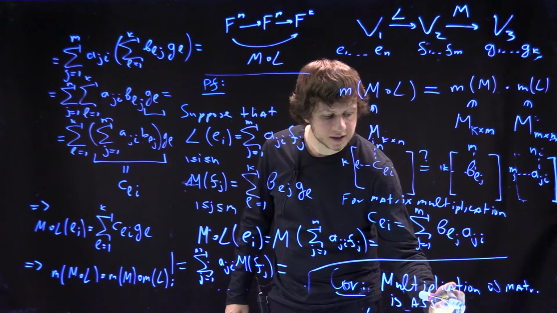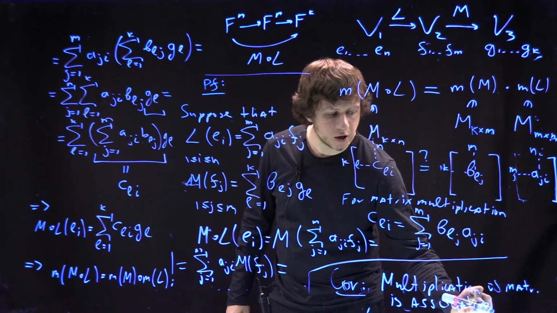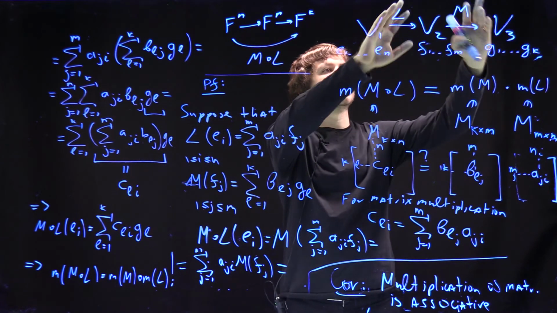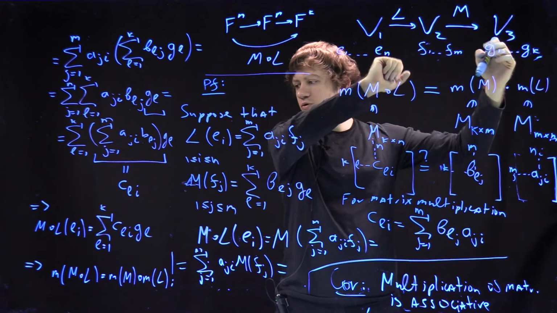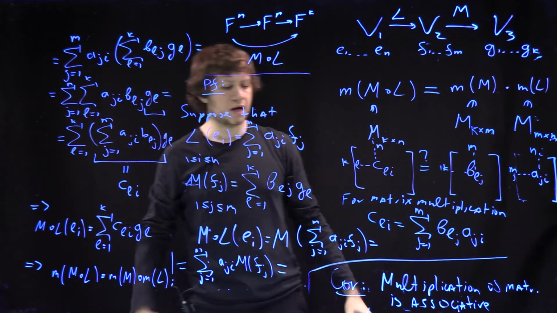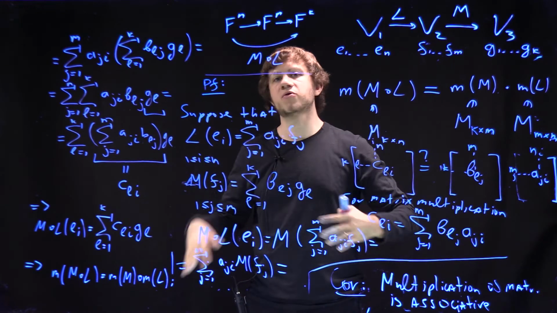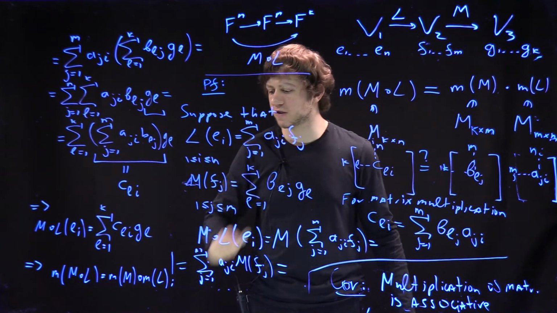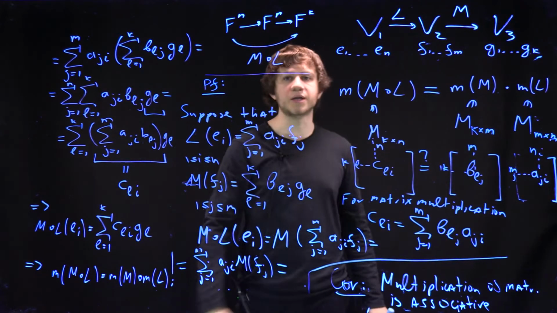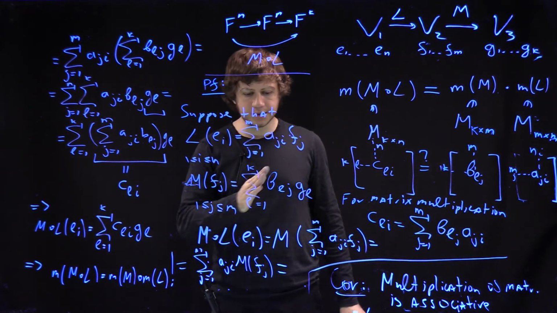And now there is nothing to prove, because we know that if you have three maps L, M, N, then their composition is associative, so the corresponding product of matrices will also be associative. Now we don't need to check a more complicated identity about associativity of matrix multiplication, because we have understood their meaning. Okay, that's it. Let's move on.